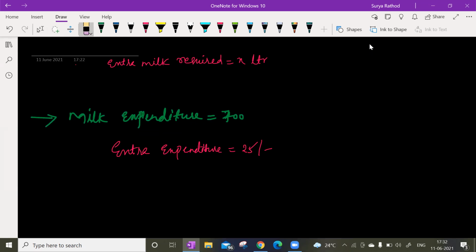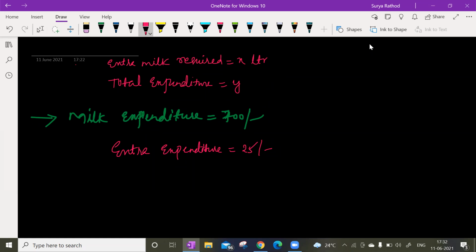Total expenditure is rupees y. What do we have to write here? A linear equation, very simple. What is going to be the cost of extra milk?